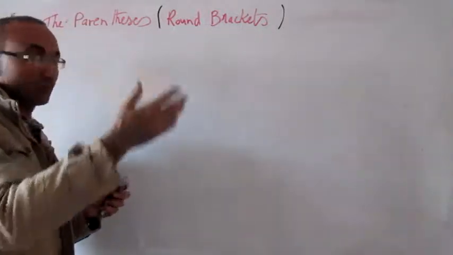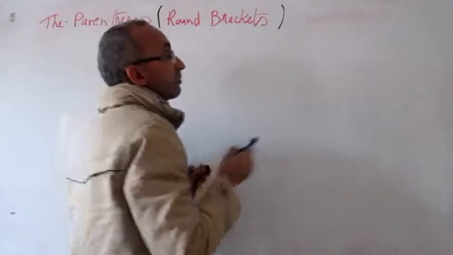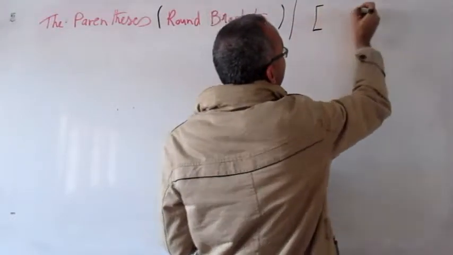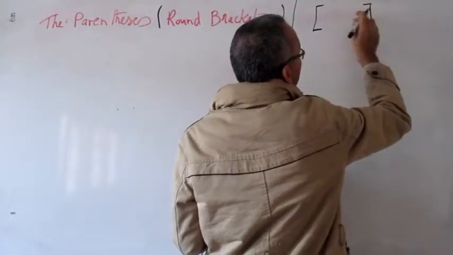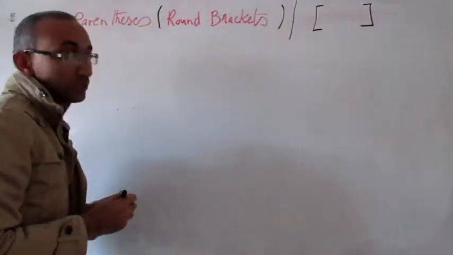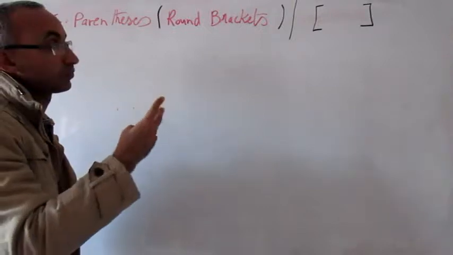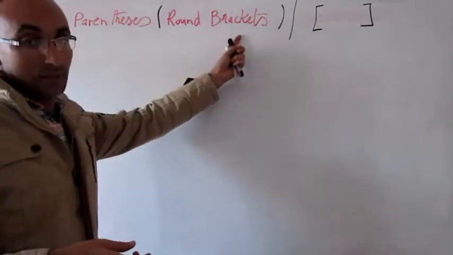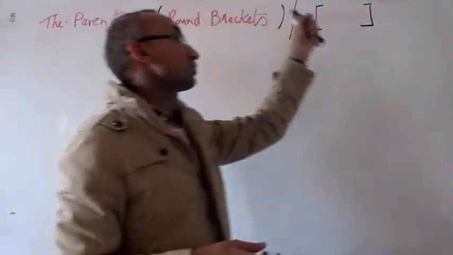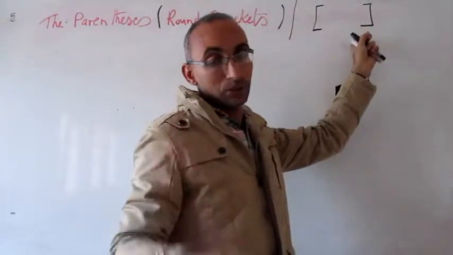And they distinguish it from these square brackets. So we have for the British two types of brackets. Round brackets that we call parentheses, and we have square brackets that we call simply brackets.